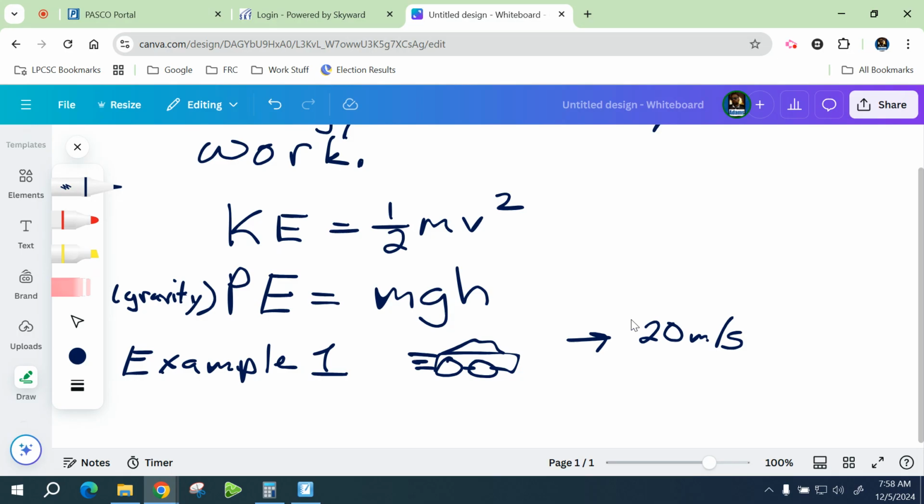And it has a mass of 2,000 kilograms. We'll say 2,500 kilograms.